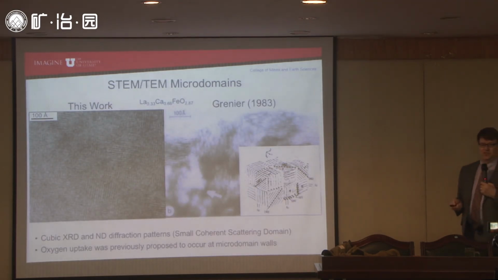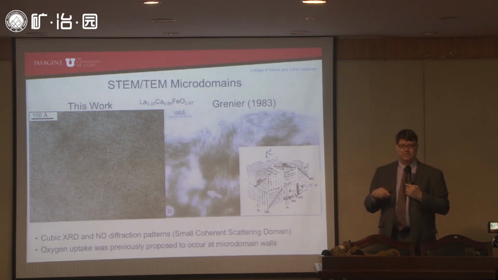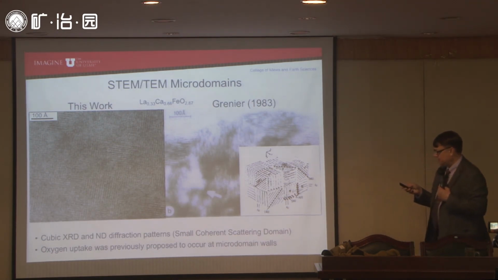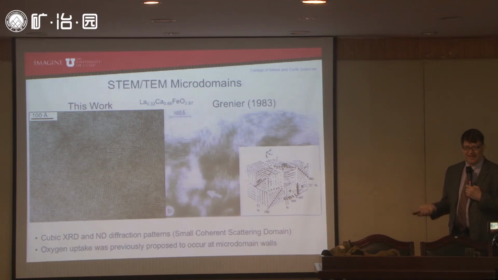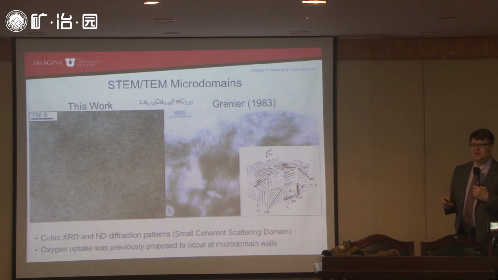So why does it do that? Why does the Grignard phase pick up oxygen? The phase was named after an individual, not surprisingly, named Grignard. And this is an image that Grignard collected in 1983 using one of the best microscopes of that era, in which you can see the atoms.